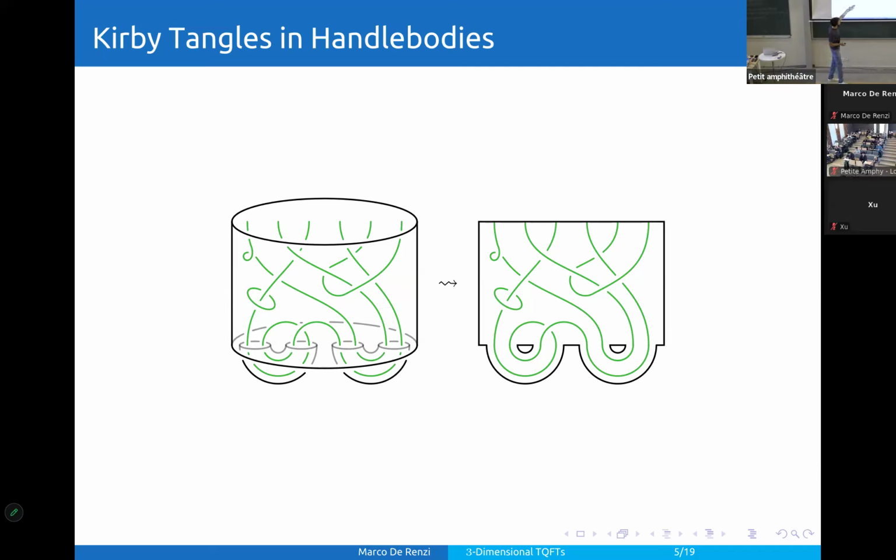So this tangle is allowed to have endpoints, but only on the top boundary of the handle body, and every component connects one endpoint to the one just next to it. So you have an even number of endpoints on the top, and you're allowed to have closed components, and your tangle can move around your handle body. This is what I call a 3 Kirby tangle, because there are 3 arc components, and it's inside the genus 2 handle body.